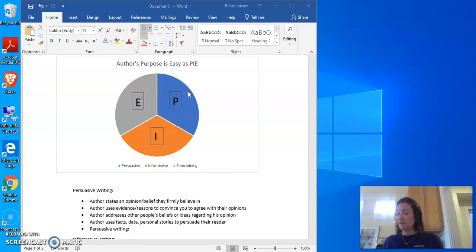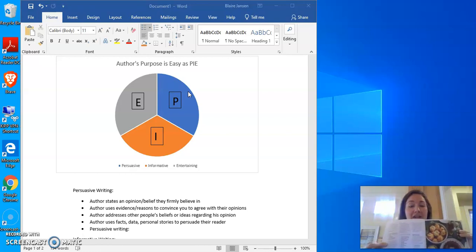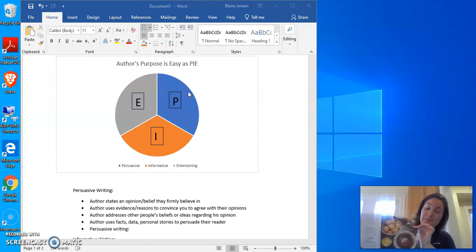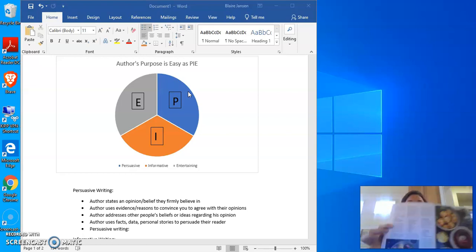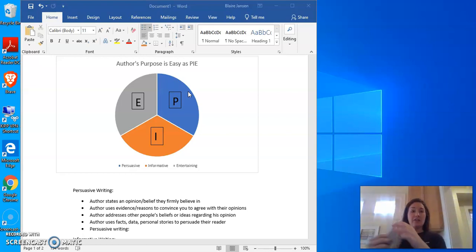For example, this is a magazine that Mrs. Jansen has in her house. It's called Taste of Home. It's how she feeds Mr. Jansen. Now, in Taste of Home, there's a lot of recipes. I know that when I look inside, and I'm glancing especially at this page here, there's instructions, there's ingredients, there's a number of types of like tablespoons of this or cups of this that I need in my recipe.